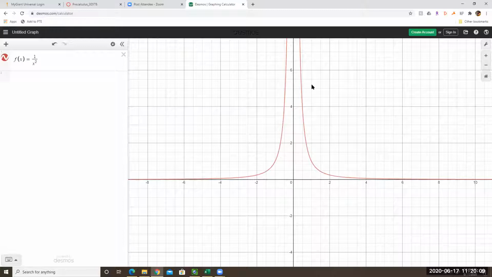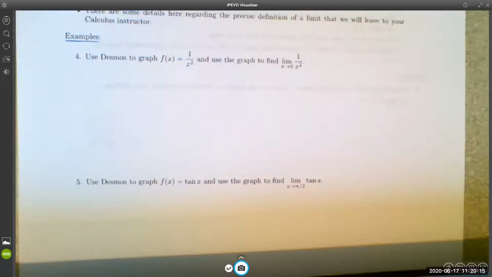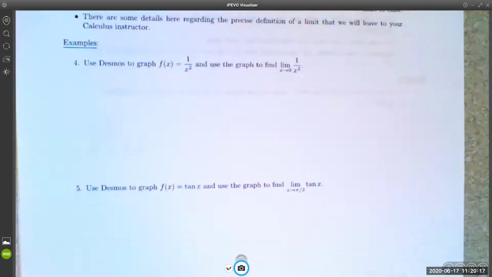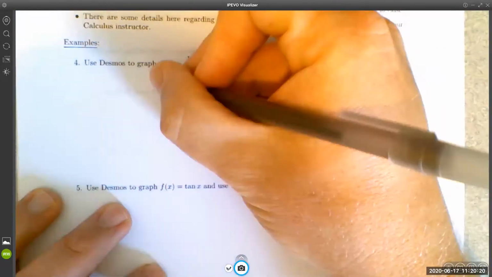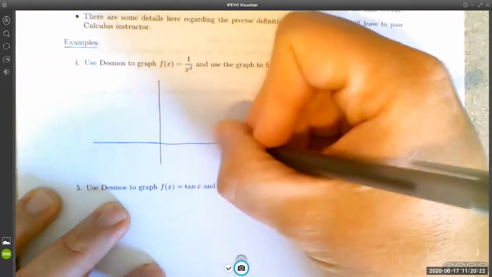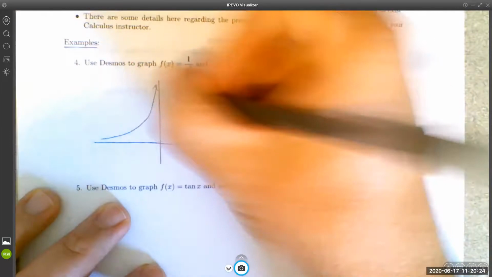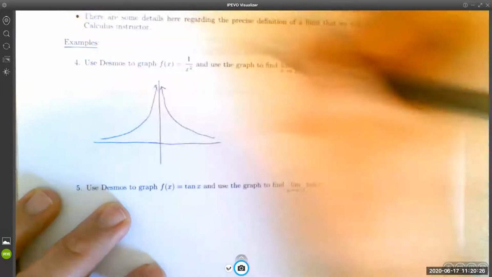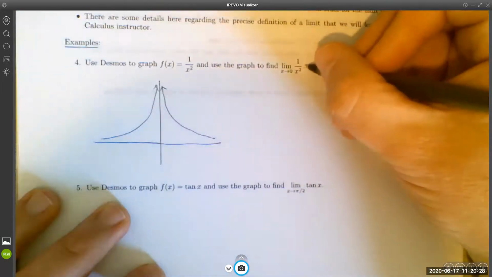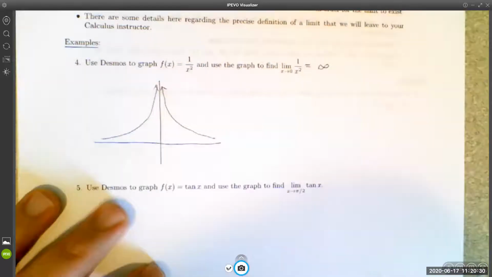So in this case, we would say the limit as x approaches 0 of f of x equals infinity. Just to draw a quick sketch, this is what the function looked like. And so the limit as x approaches 0 of 1 over x squared is infinity, right?